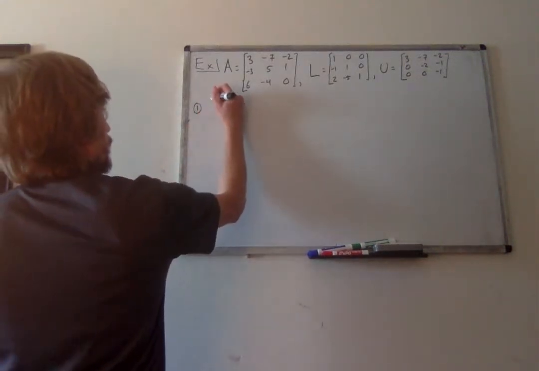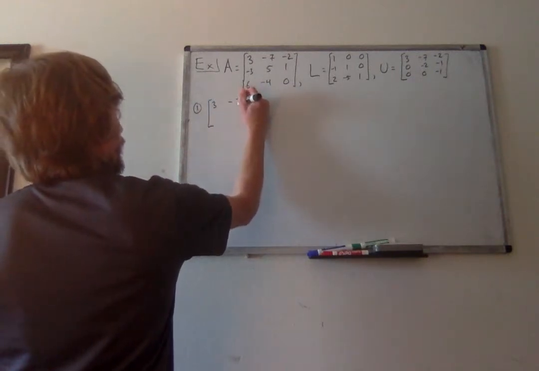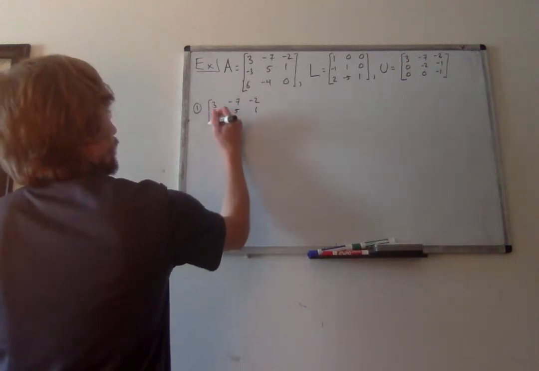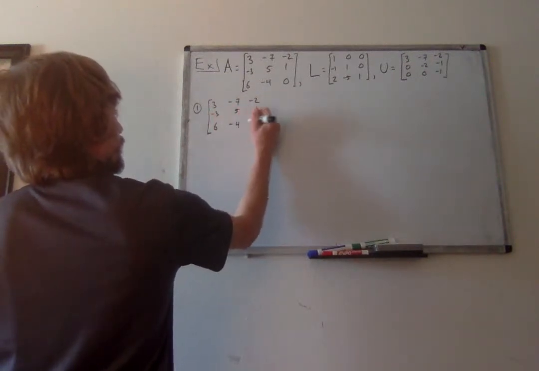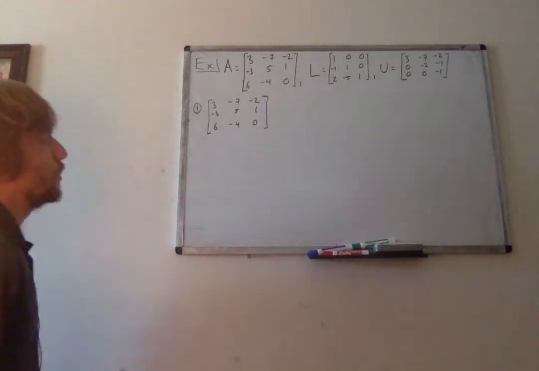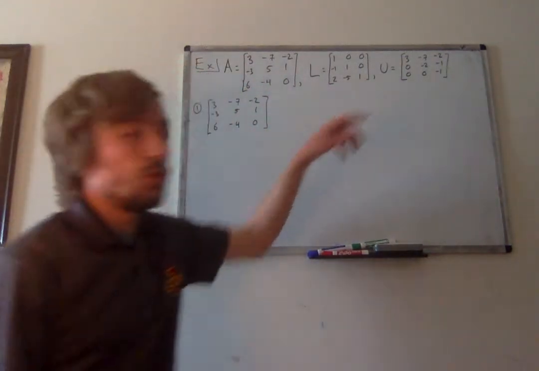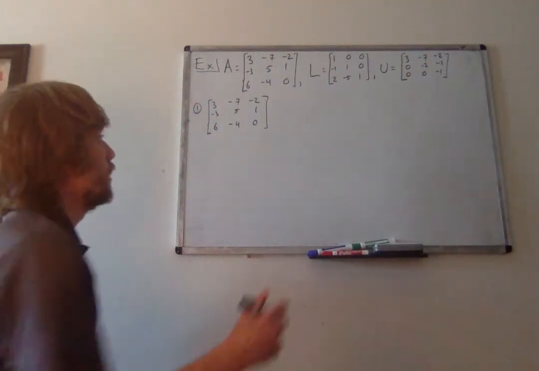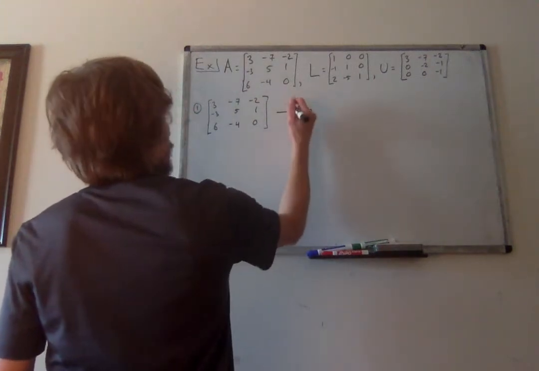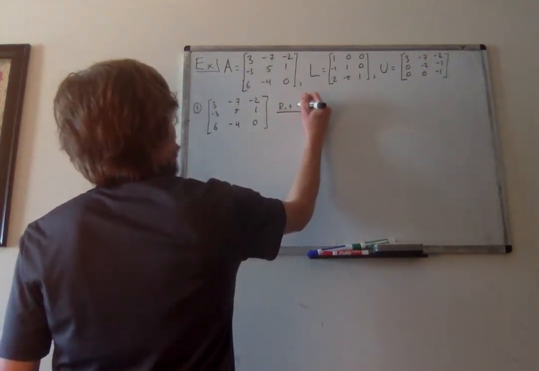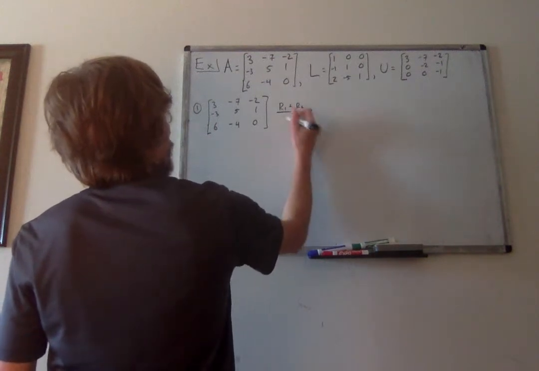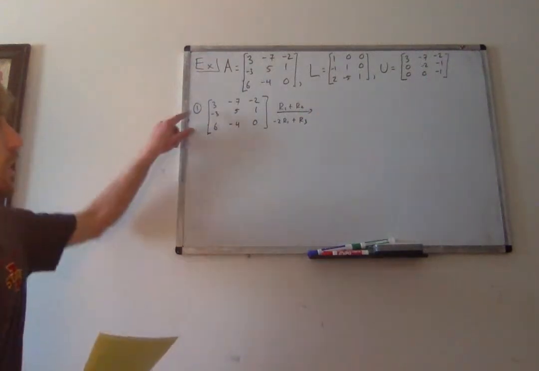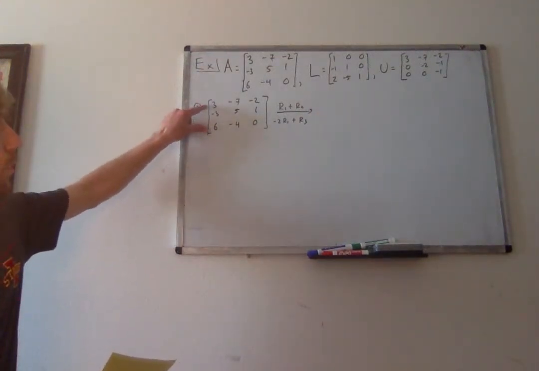So if we start with A here, I'm going to just show that we can reduce A to U to show that U is in fact a row echelon form of A. So I'm going to do row 1 plus row 2 and -2 row 1 plus row 3. So I'm going to do these 2 row operations to clear out this column below the 3.